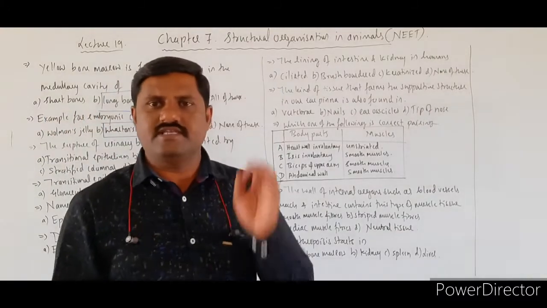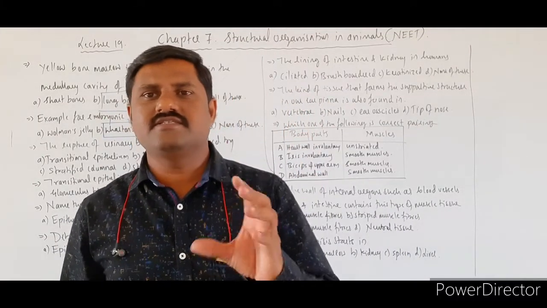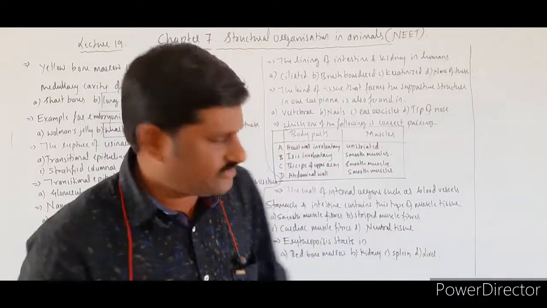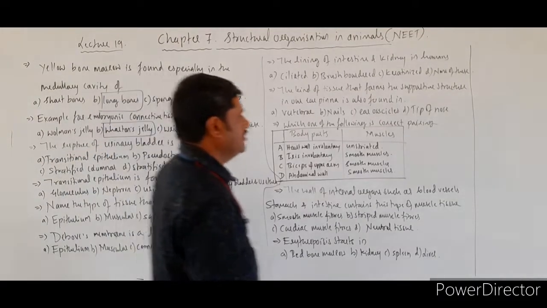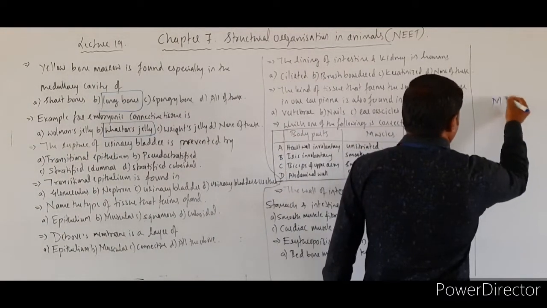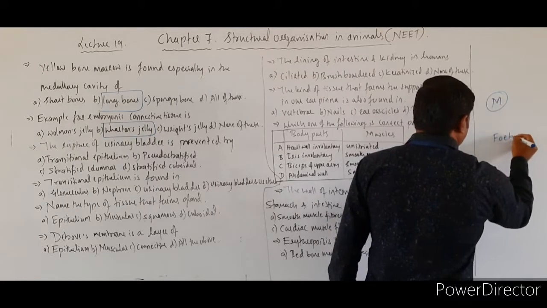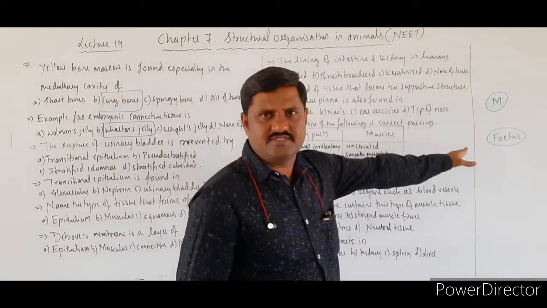In embryo there is a connective tissue that is called Wharton's jelly, and this is the gelatinous substance present in the umbilical cord. So what is umbilical cord? The question may arise over here. So mother is there, this is mother, and this is the fetus, developing embryo. So developed embryo becomes a fetus.